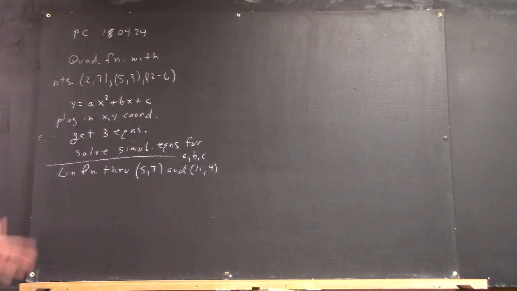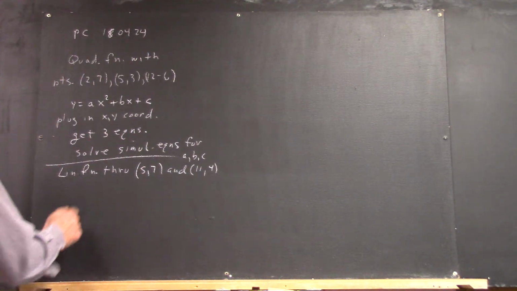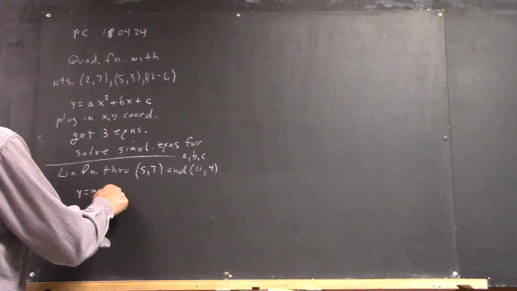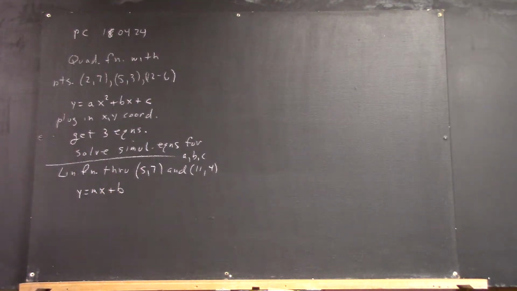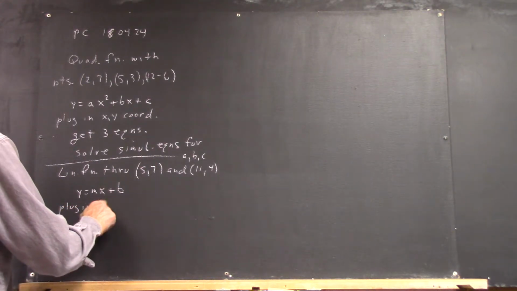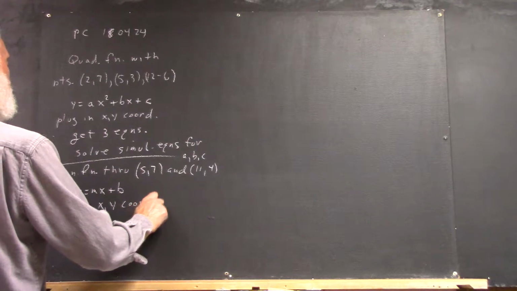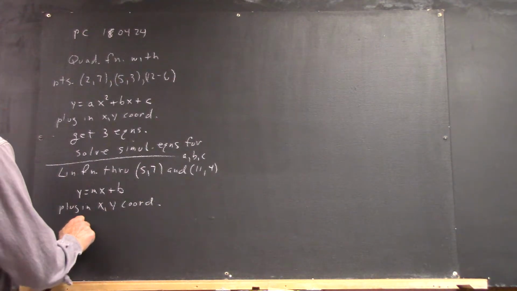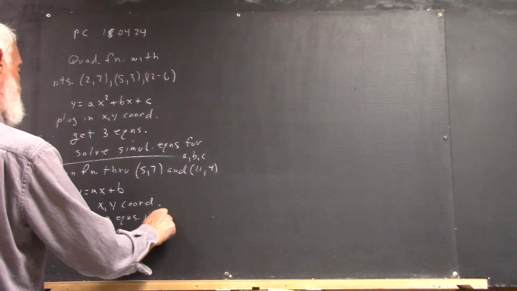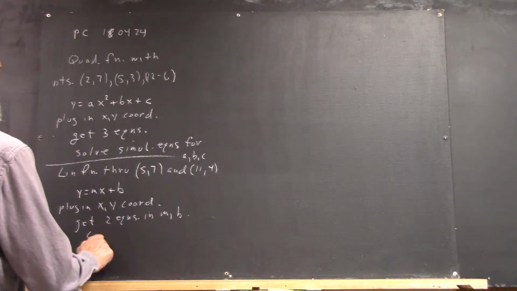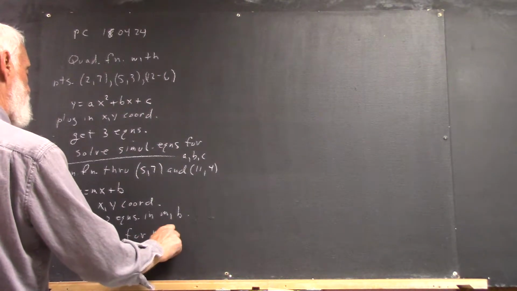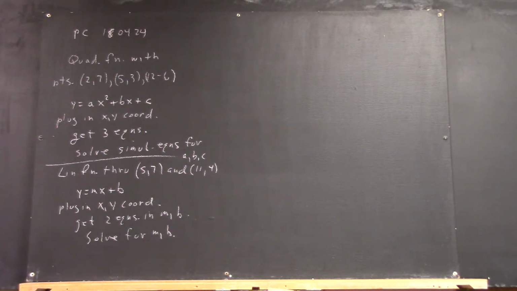But what I want to illustrate is y equals mx plus b, right? Plug in your x and y coordinates. You get 2 equations in m and b, and you can solve them for m and b.